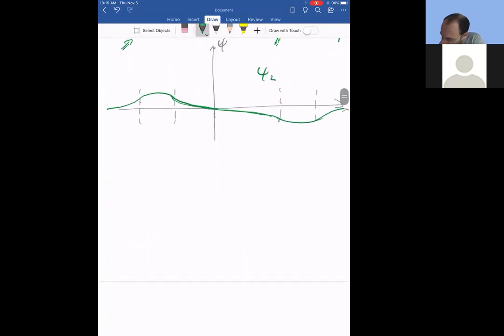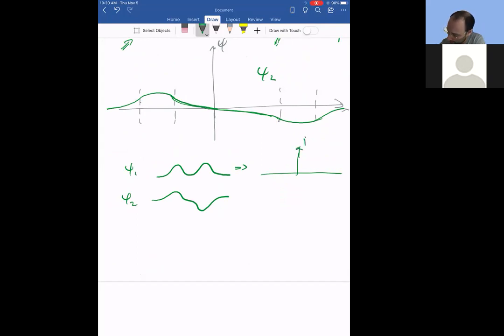So let me just summarize them. Psi 1 looks like this, and psi 2 looks kind of like this, okay? The probability density, well, I drew the real wave function, so the probability density is just the square of this, right?